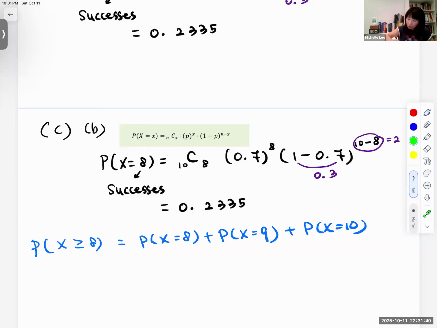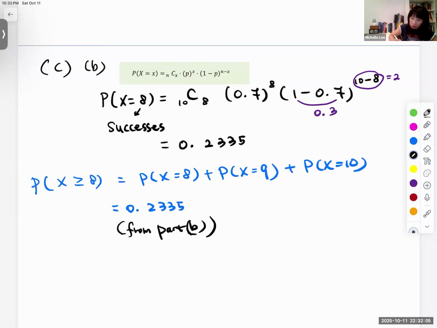Okay, so I wrote down this one. We have the probability when x equals 8, 0.2335, from part B. How about 9?